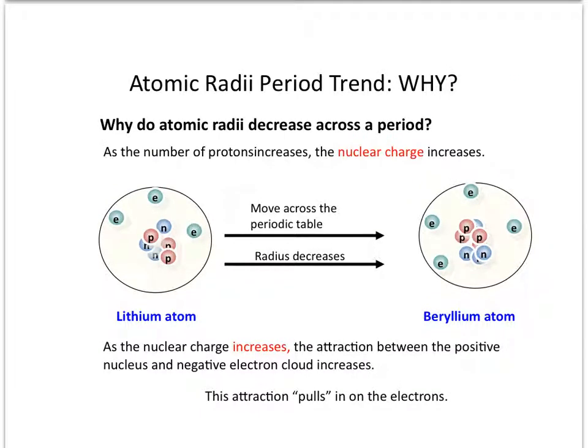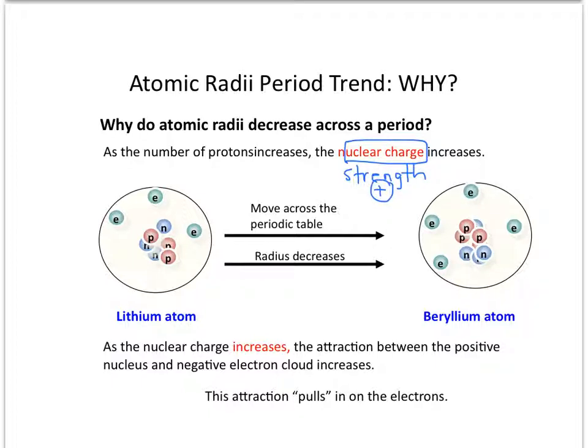Now, why is that? It's important to understand that the protons and the neutrons are in the nucleus, and the electrons are outside in energy levels. As the number of protons increase, we find that the nuclear charge, the strength of the nucleus, is going to increase. Remember that the nucleus is positively charged, and it attracts negatively charged particles.